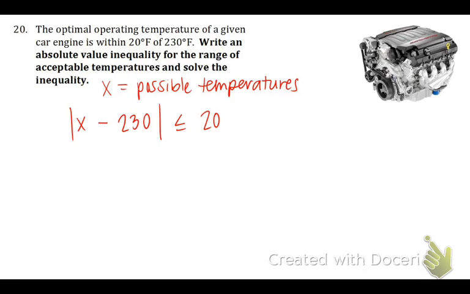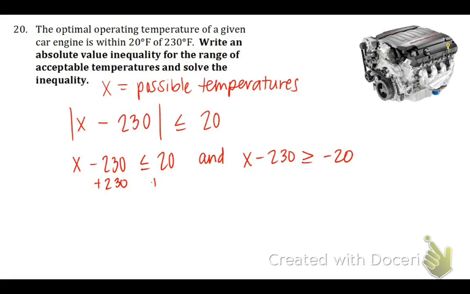Okay, first step is to get rid of the absolute value symbols. X minus 230 is less than or equal to 20, and x minus 230 is greater than or equal to negative 20. Add 230 to all sides.